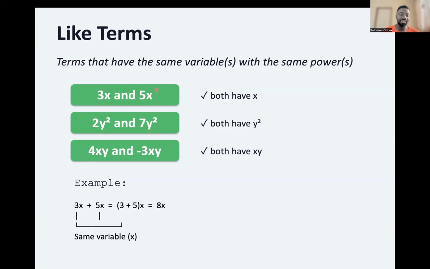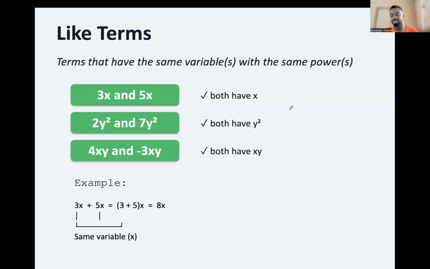So they are like terms because they have the same variable x and the same power 1.